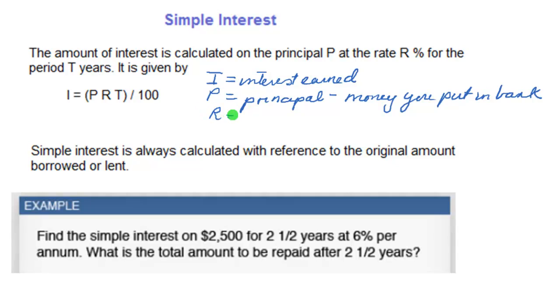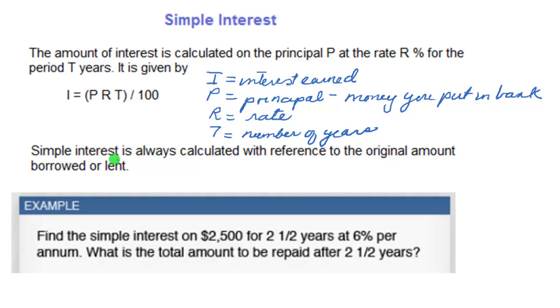R is your rate, usually your bank rate or your savings rate. And T is the number of years that the money is going to be in the bank. So you multiply the principal times the rate times the time, and then you divide by 100, and that gives you your simple interest.